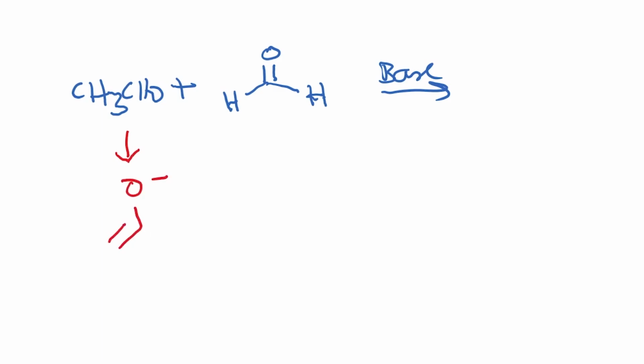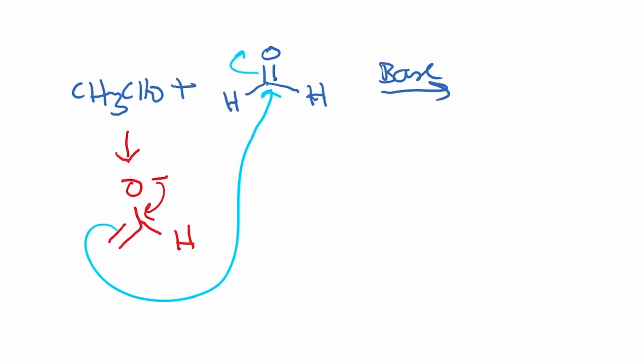Okay, so far there's nothing major to discuss. Now once this enolate is produced, this enolate can now react, and we know that between formaldehyde and acetaldehyde, formaldehyde is more reactive, and so you're going to end up attacking here and producing this aldol product.